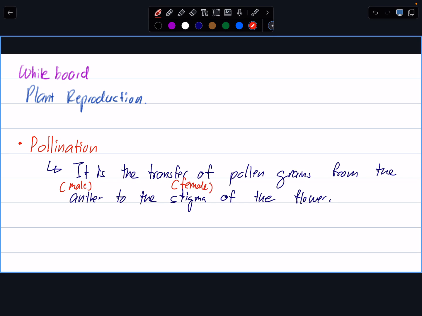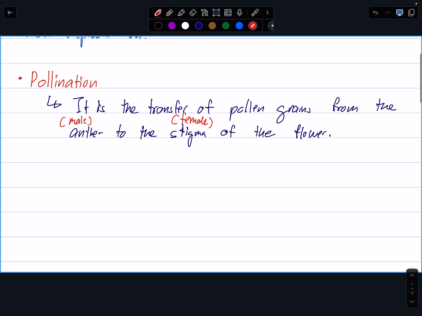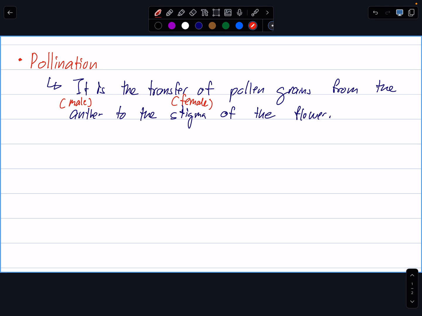Okay, so while we're at it, let's draw out the typical general structure of the flowers. Now, there are generally two types of pollination that you need to learn about, and that is the two types of flower: the wind pollinated and the animal pollinated, insect pollinated.